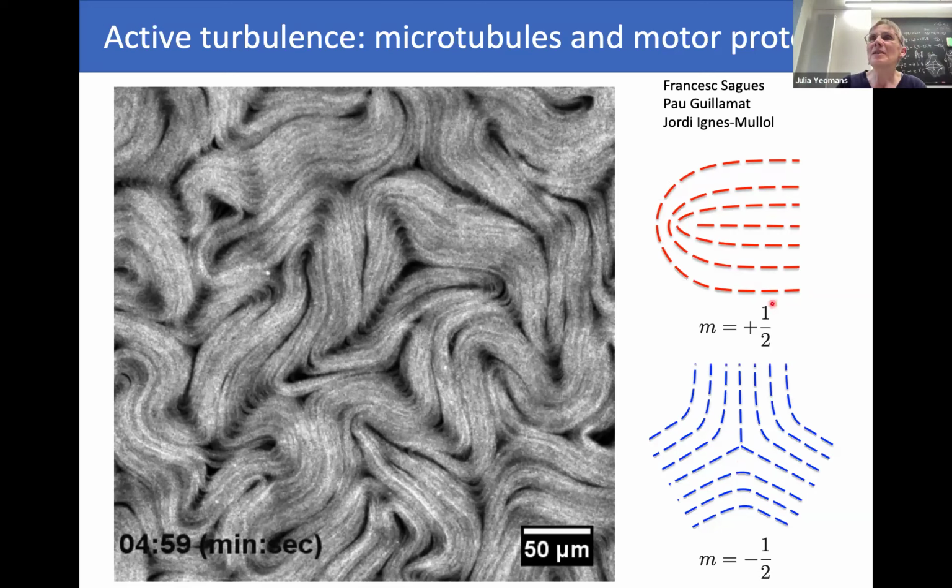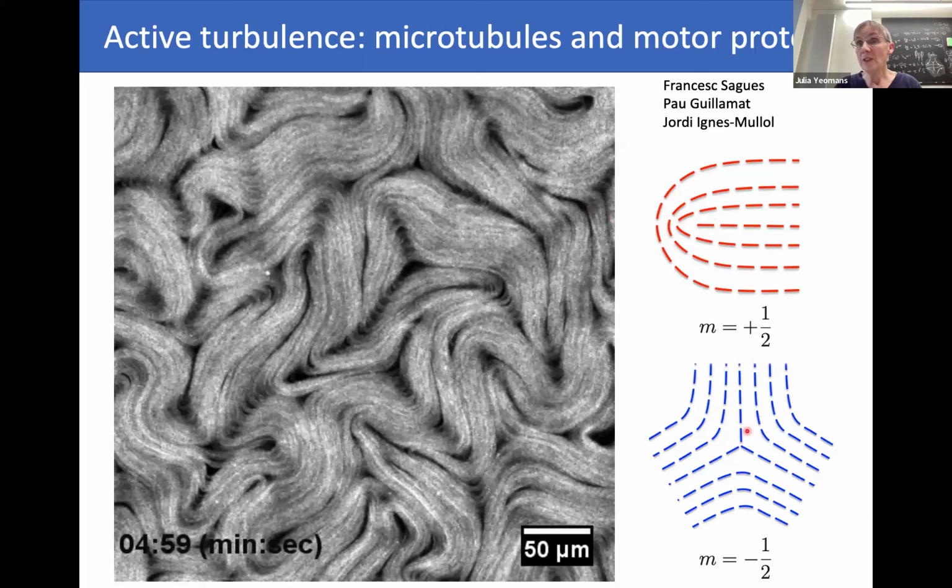But in these active systems, this +1/2 defect is actually motile. It moves. And that makes sense, right? Because the director field changes from place to place. There's a gradient in the director field, and a gradient in the director field means that you have forces acting, and those forces push these defects towards their heads in an extensile system and towards their tails in a contractile system.